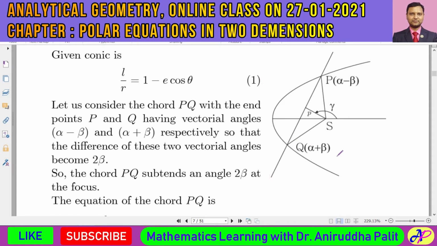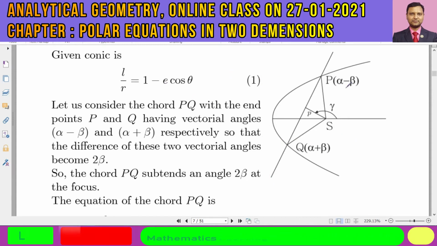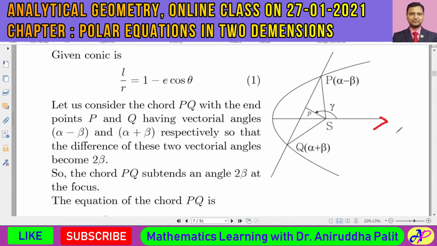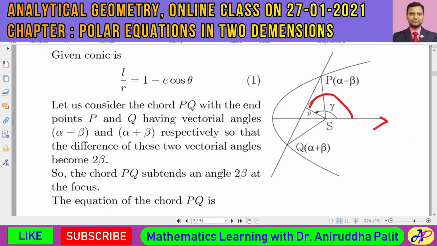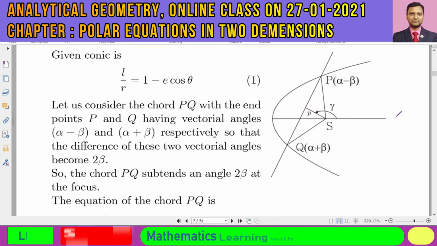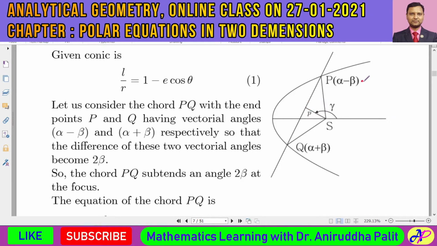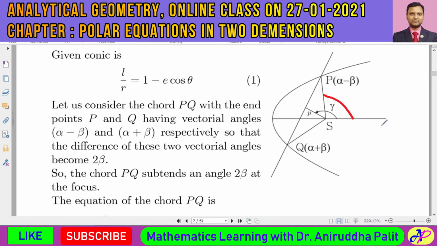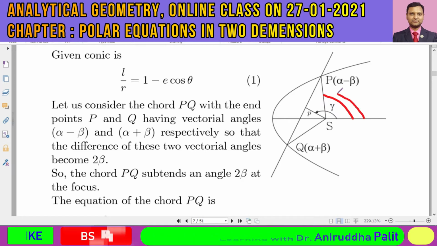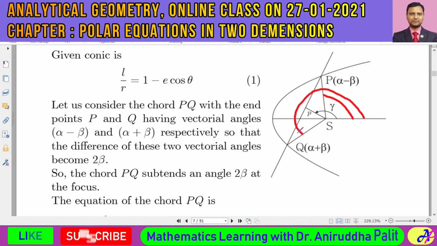Over here, because the negative sign is there, you can consider that this is the direction of the initial axis, and therefore the angles should be measured from this initial axis in the anti-clockwise direction. If this is the angle α - β, then this total angle would be α + β.